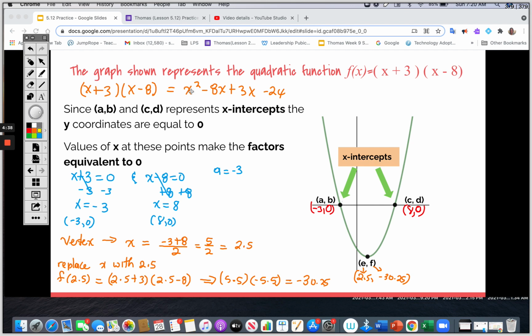Then we combine our like terms, negative 8x and positive 3x. That becomes x squared minus 5x minus 24. And that is going to be the standard form of our equation.